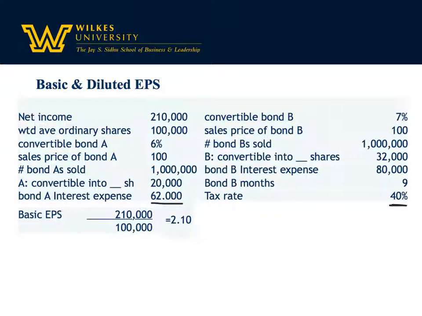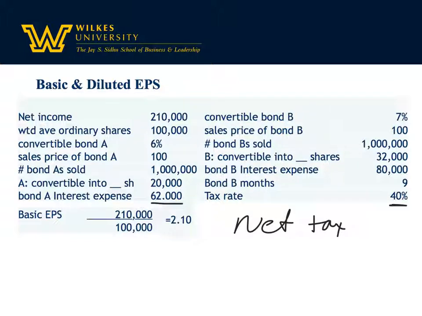It's really $62,000 less 40%, because that would have been the tax associated with it. And that's what we're going to deal with. My net income available for common shareholders is going to be increased by the net of tax bond interest. So the numerator goes up by the increase in net income, and the denominator is going to go up by the number of shares.